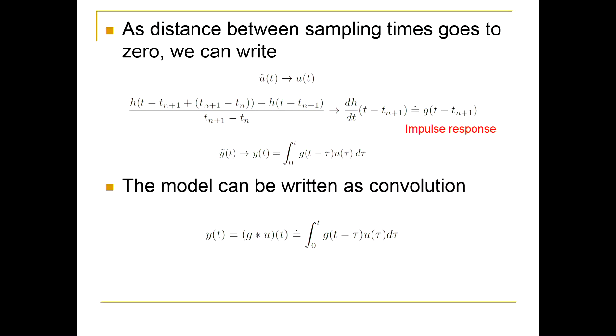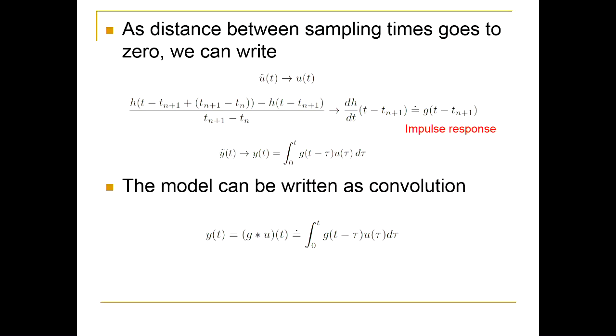Each of these different representations leads to different mathematical tools for analysis and design of your system. That's why we are very interested in going from one model to another. We will learn how to go from convolution to a transfer function representation, for instance, using Laplace transforms. And then you will see that using Laplace transforms, you can do a lot of analysis and design, which is extremely useful. But convolution and Laplace transform are very compatible.